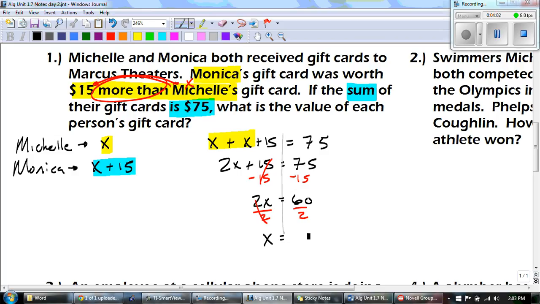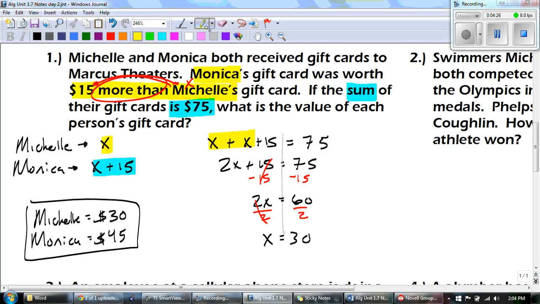And I get that x equals 30. So remember, 30 is Michelle. So Michelle has $30, but what about Monica? Well, she has 15 more. So 15 more would be 45. And that is our final answer.